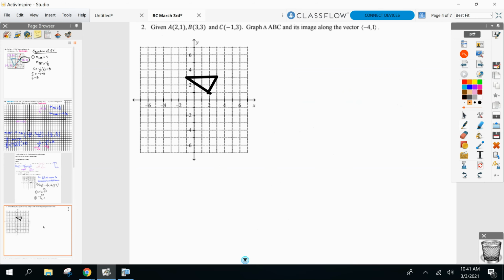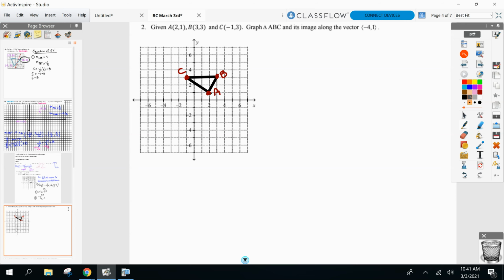All right, let's actually take a figure and translate it now. I'll give you a second. Go ahead and graph triangle ABC for me. And you'll see now I'm showing you the translation in vector notation.